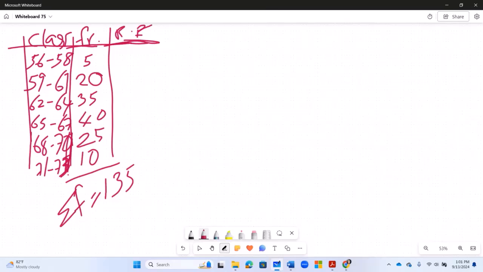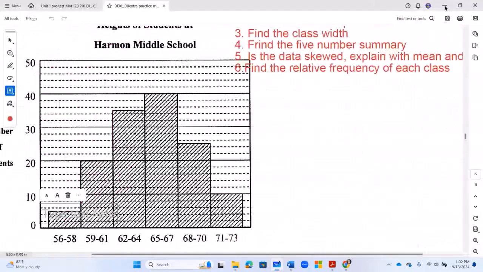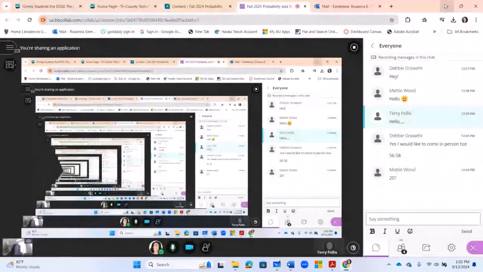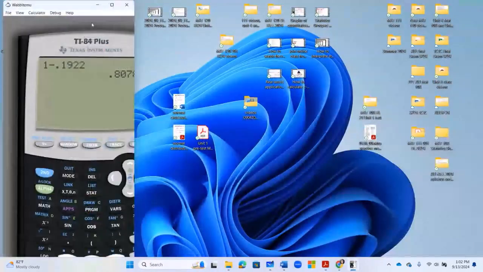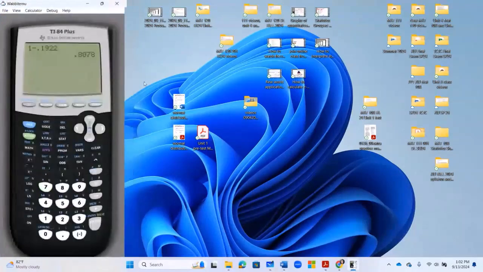We can do it with a calculator also. Just tell me if you don't agree, or add it and tell me what you have. All right, so let me put my calculator up so I can use that to check my work.